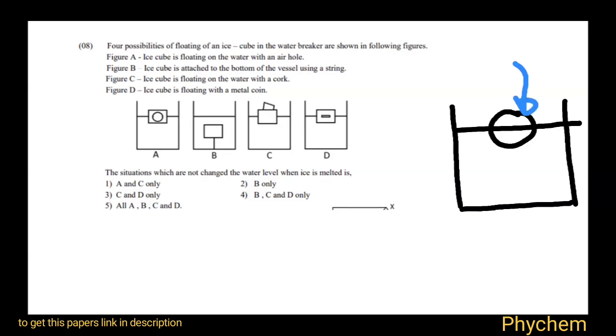When the object mass is m and you put it into the liquid, it will displace a certain volume of liquid. So the displaced water has a mass, it has a weight. The weight of the displaced liquid will definitely be equal to the weight of this object. This is what Archimedes' principle says.